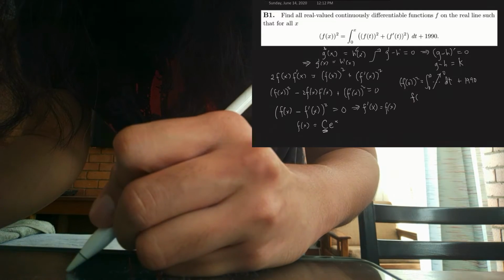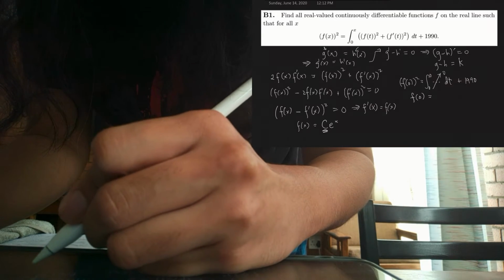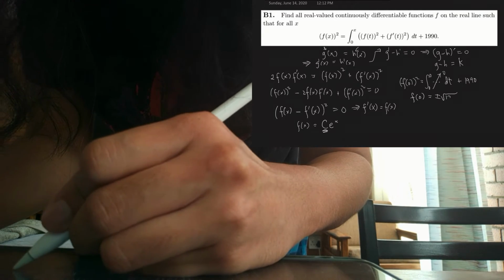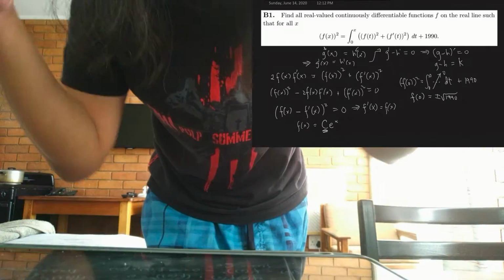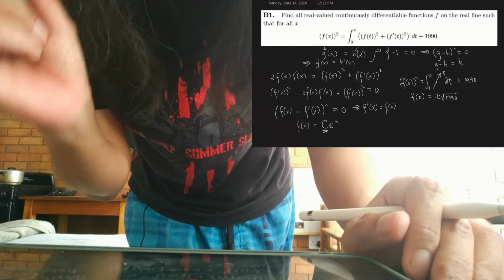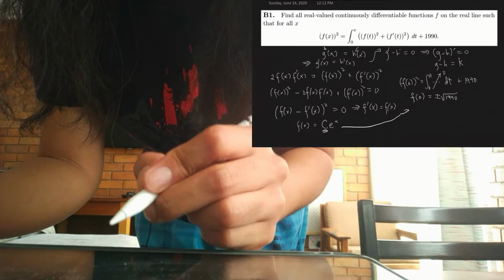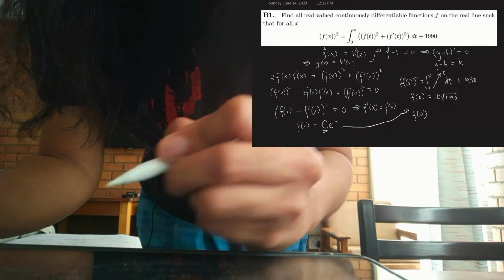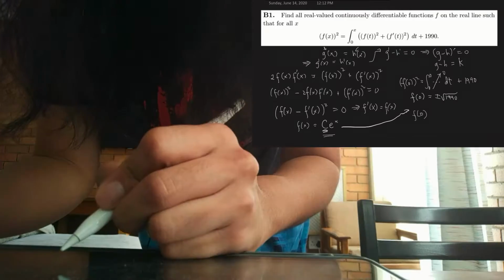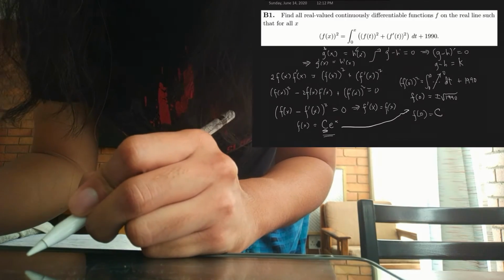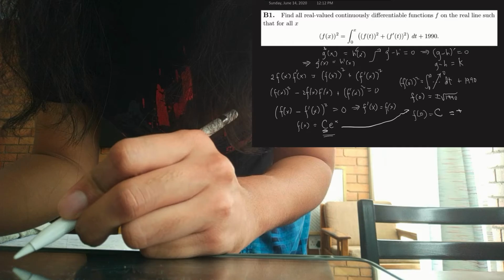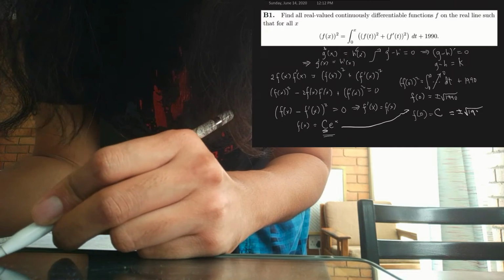In other words, f of 0 is equal to plus or minus the square root of 90. This is the second condition we need in order to determine what C is, because f of 0 from this equation is equal to C, but that is equal to plus and minus square root of 90.